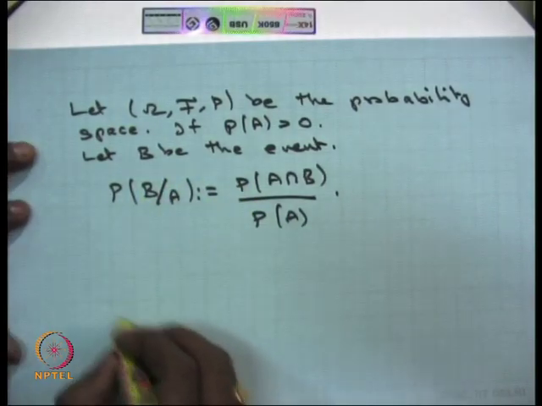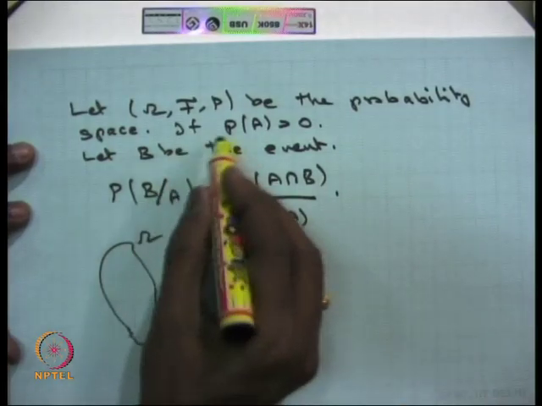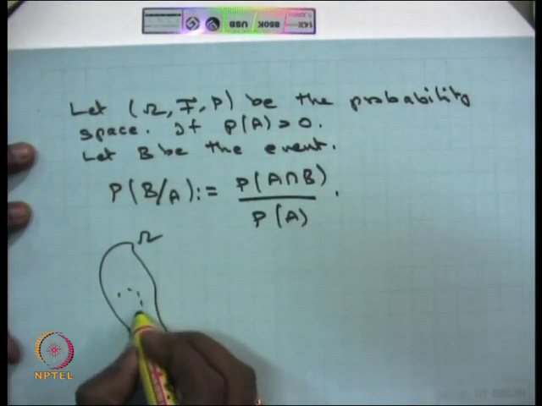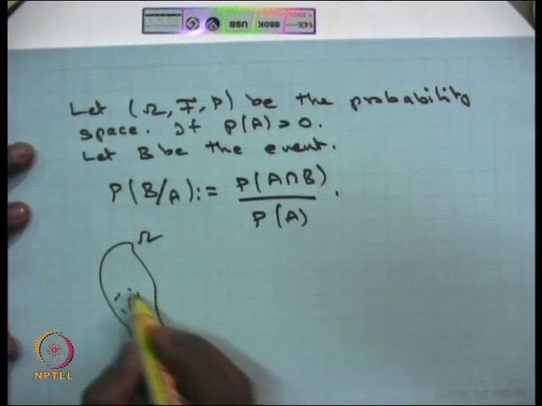That means, you have a sample space omega, and from the omega you take an event A. Suppose this is the event A, and what we are saying is that the event A has already occurred.